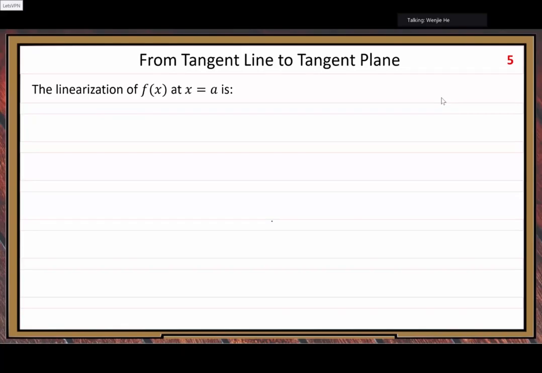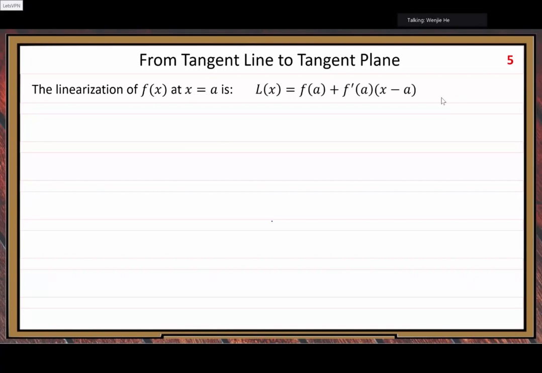In a small interval around that point a, we do linearization. How do you do linearization? We take the tangent line. The tangent line is our linearization.